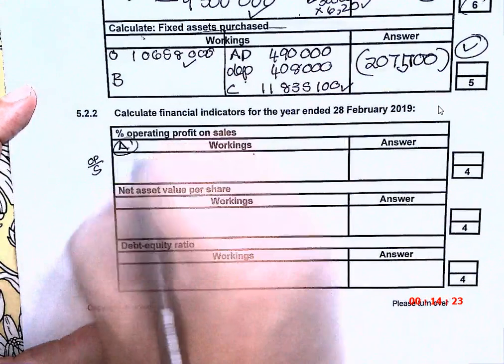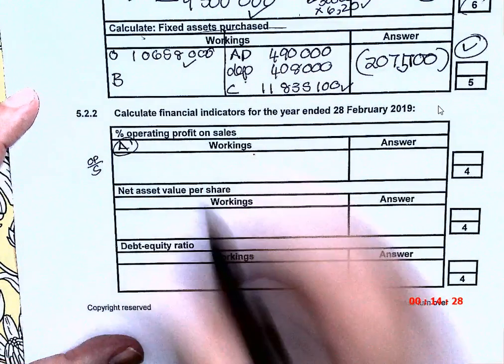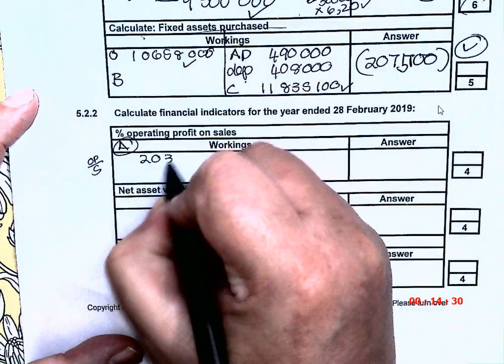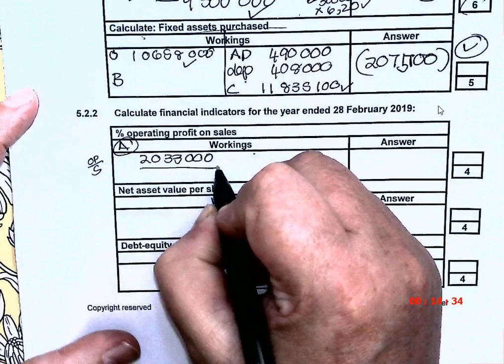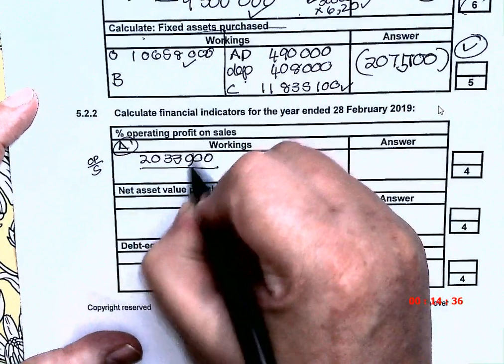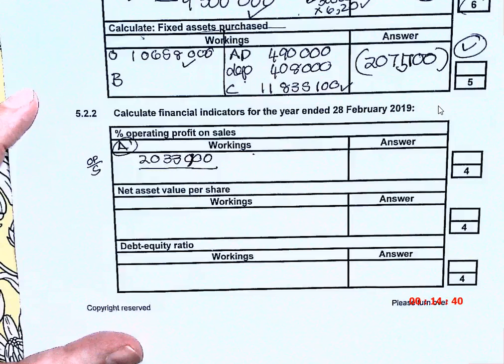And I see my operating profit is 2033,000. 900, sorry. Oh, that is a horrible error because that will make me have it wrong. Then I get 0 out of 2.